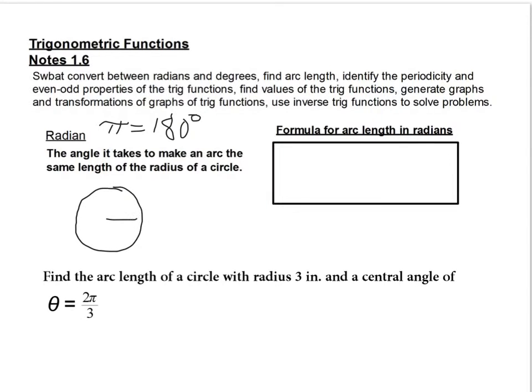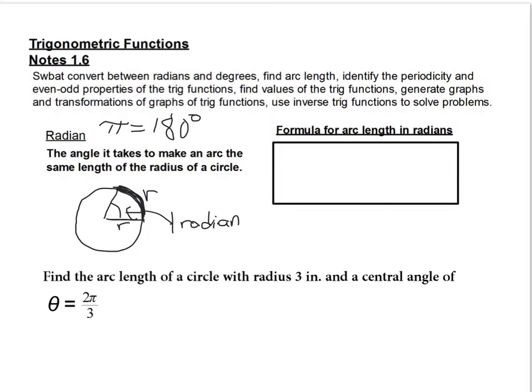So if you have a radius of the circle and put that length r here, like if you could make it a string and wrap it around, the angle that it makes, that is 1 radian. It's called a radian because it has to do with the radius.